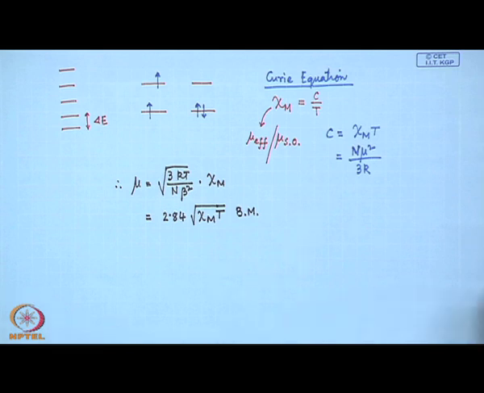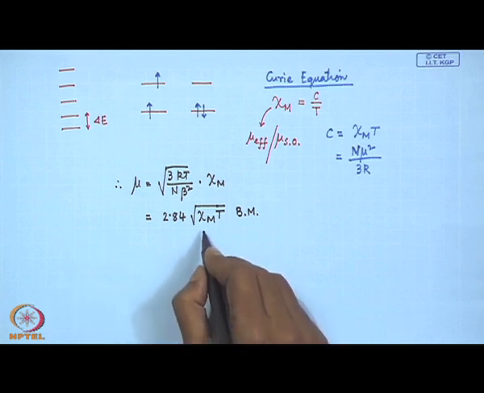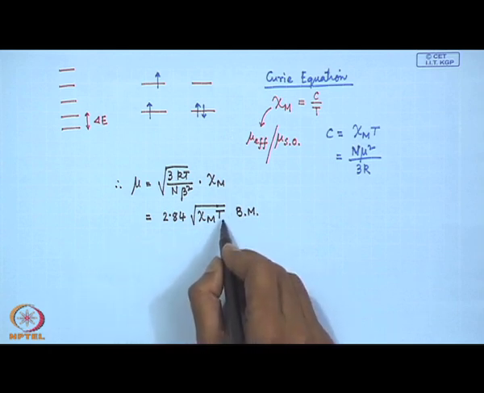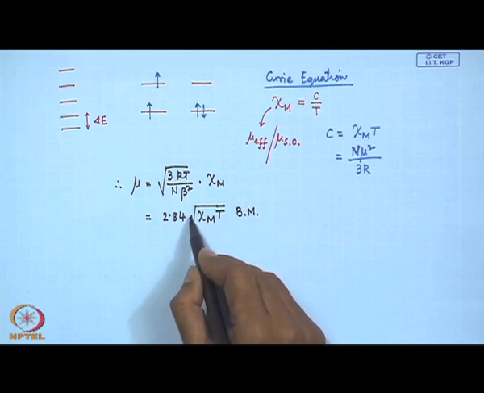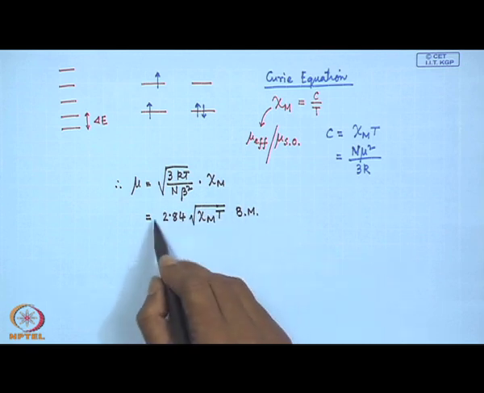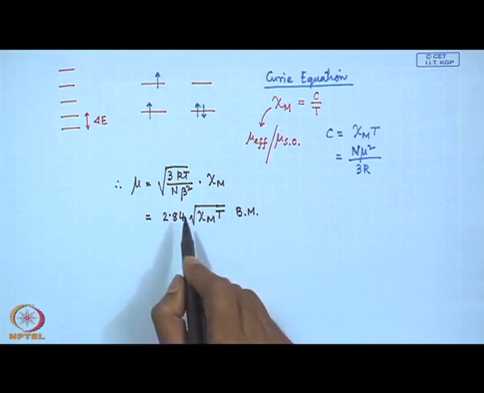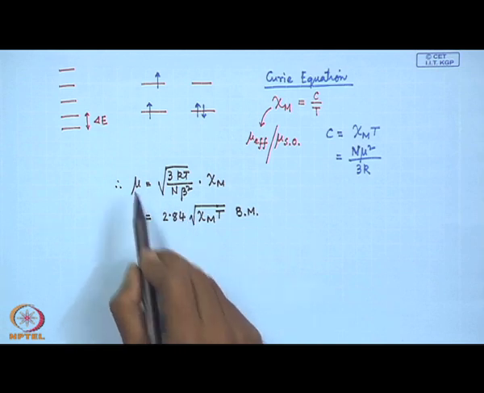So, it is a very simple technique where we can measure the molar susceptibility values, and if we multiply with the temperature and take its square root, when multiplied by 2.84, which is a constant value, we get the corresponding mu value.